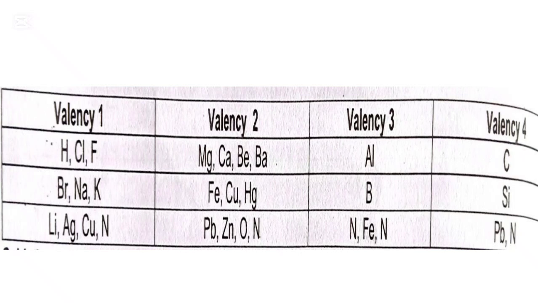In valency 3, we have aluminium, boron, nitrogen, iron, and nitrogen. Valency 4, we have carbon, silicon, lead, and nitrogen. Those are just some examples of elements which belong to the various valencies.